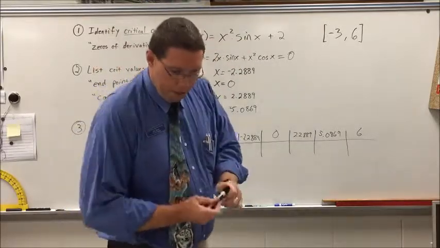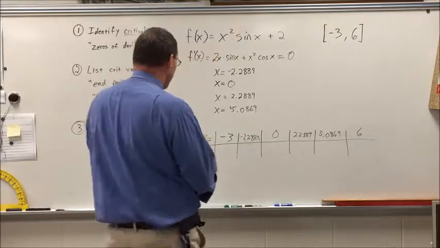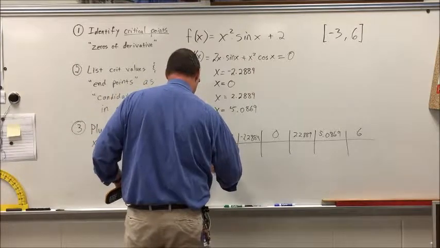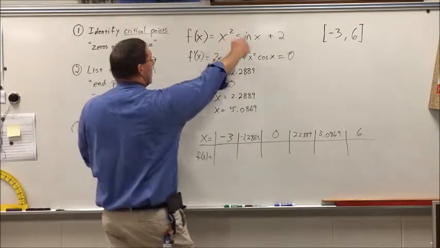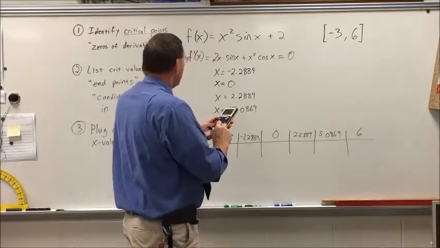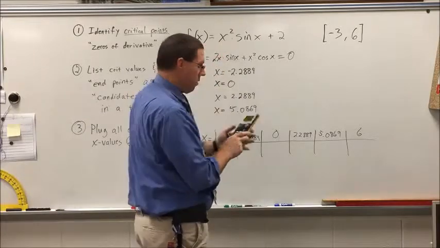So here's what I'm going to do. I'm going to key in. So these are my f of x values. So f of x equals, I'm going to plug -3 into this thing here. Okay? So -3 squared, and I'm going to put the -3 in parentheses.